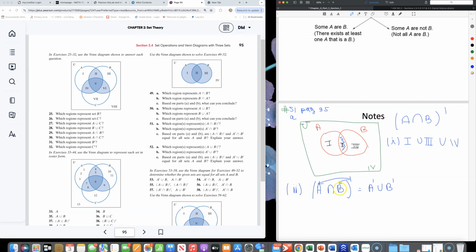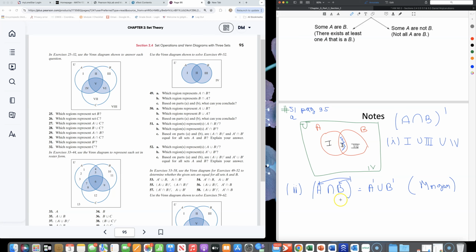So by using De Morgan's law, we obtain this. So the complement of the intersection is the union of the complements.